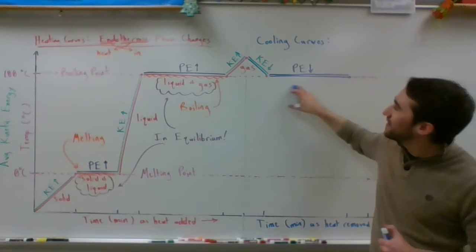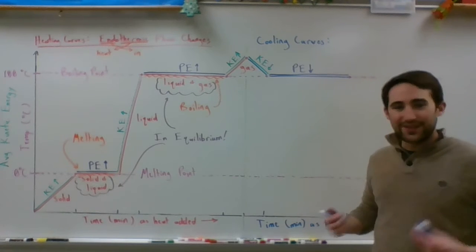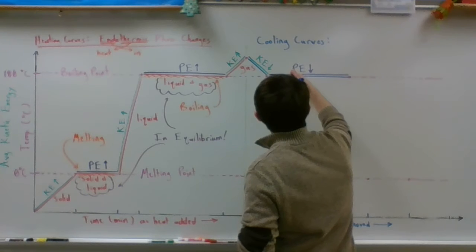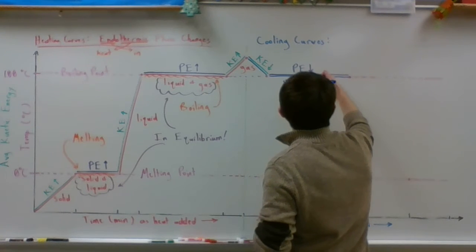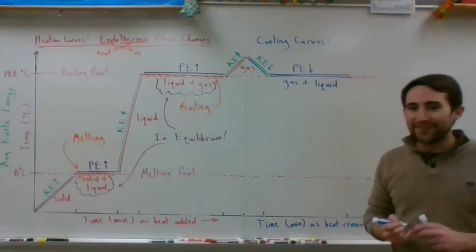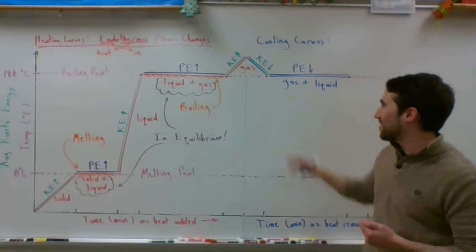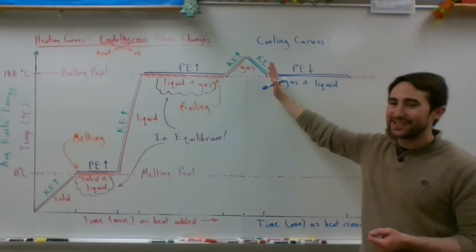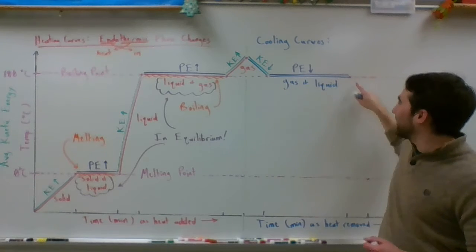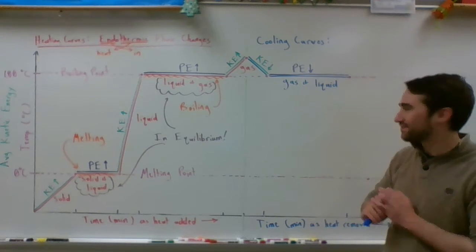So as we get those particles closer and closer together, what we're doing is forming the liquid. So what we have here is the gas and the liquid together at the same time through this process where we're changing the gas into the liquid throughout this kind of stretch of flatlining, where temperature is not changing.